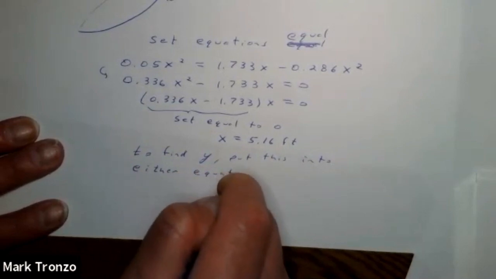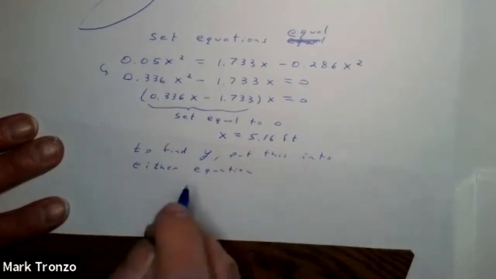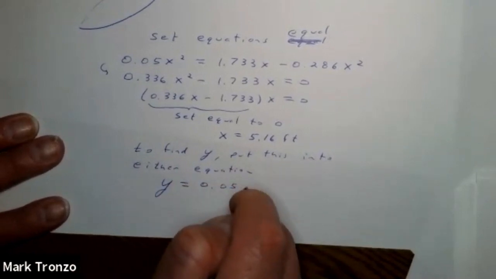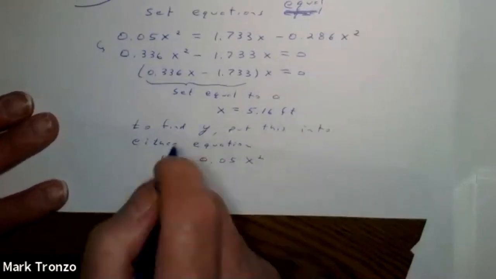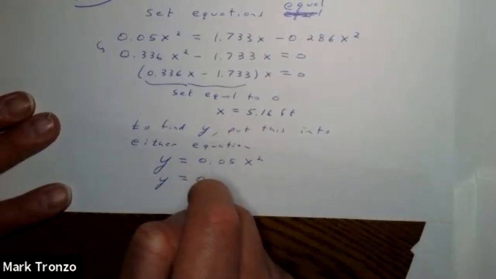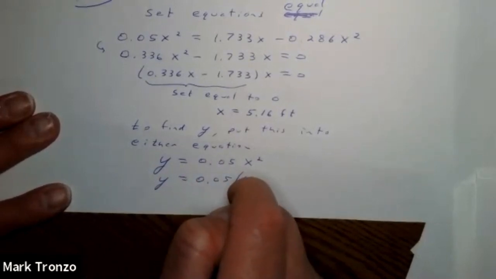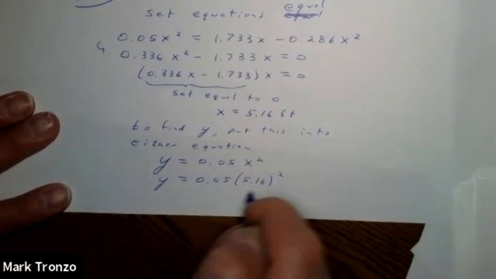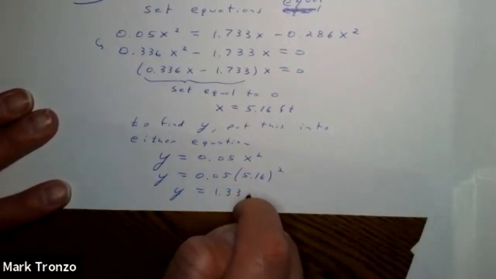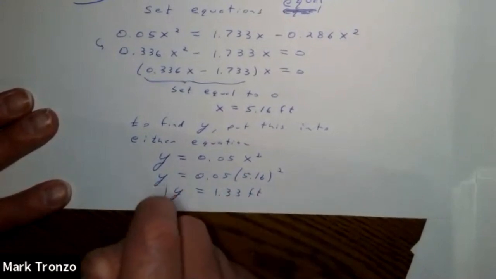Well, I'll put it into the easiest one. I'll put it into the hill equation, 0.05 x squared. And so y is going to be equal to 0.05 times 5.16 squared. And that'll be like 1.33 will be the y coordinate.